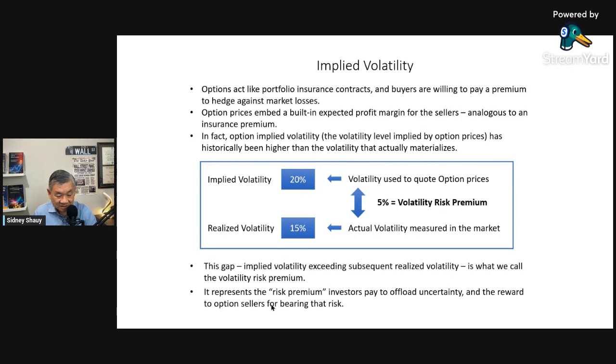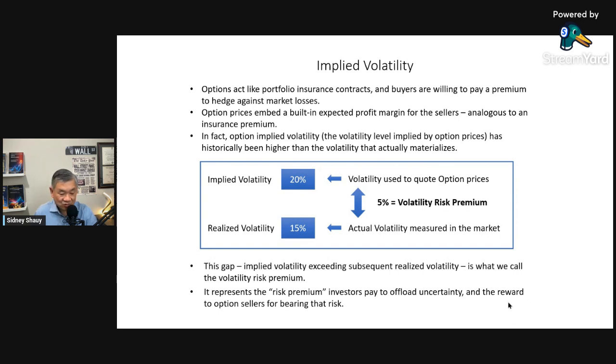It represents the risk premium investors pay to offload uncertainty and reward option sellers for bearing that risk, because there's a risk transfer here. The investor is going to pay a premium plus a risk premium on top of it, which is the VRP, so that they can transfer the uncertainty, the risk, to the option sellers.